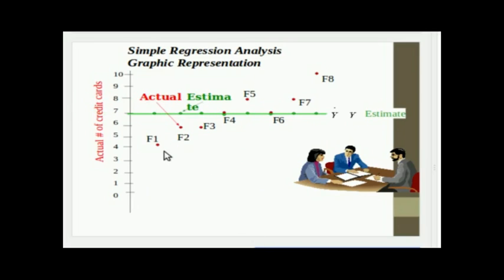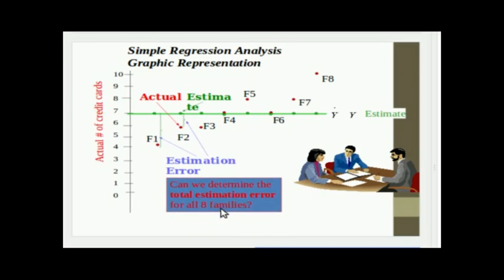If you keenly observe, family 1 from our sample data actually has 4 credit cards, while the estimated value is 7.